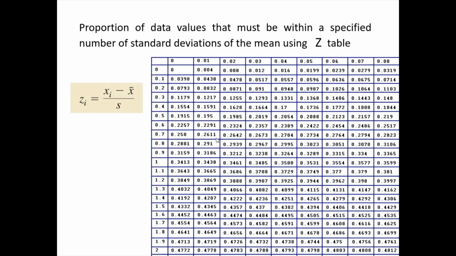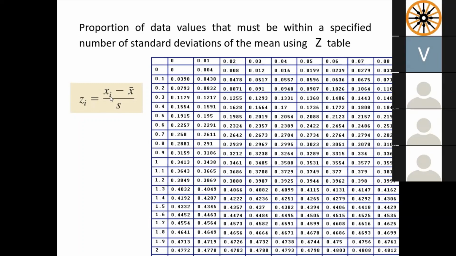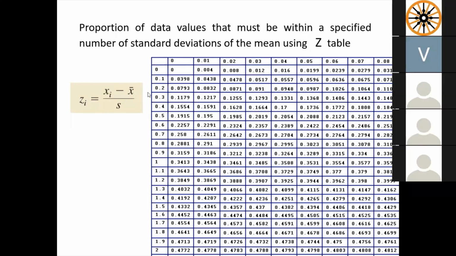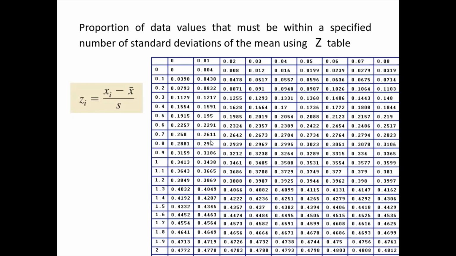I'll give the problem and then I'll tell you how to solve it. The formula says xi minus x bar upon standard deviation is zi. So if I'm calculating everything for my first data point, I'll denote it as x1 and that will give me z1. For x2, it will be z2 and so on. So I can calculate the z value for all my data points using this formula, and using this table, I can calculate the distance.